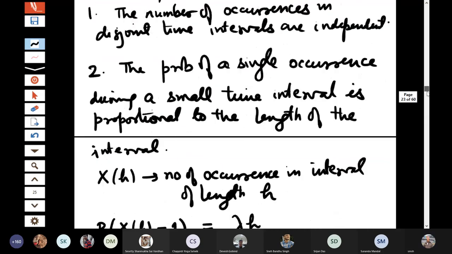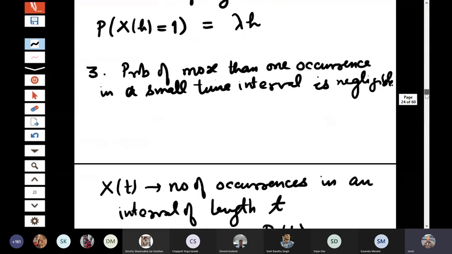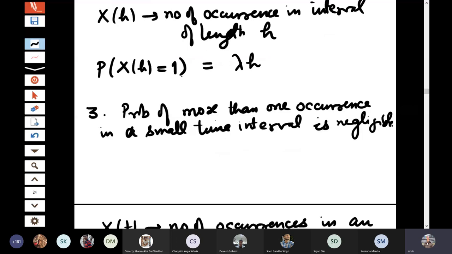If you look at the second assumption, it says that the probability of one occurrence in an interval of length h, that is a small time interval, we can put as P_1(h), is lambda h. And here I am saying the probability of more than one occurrence.